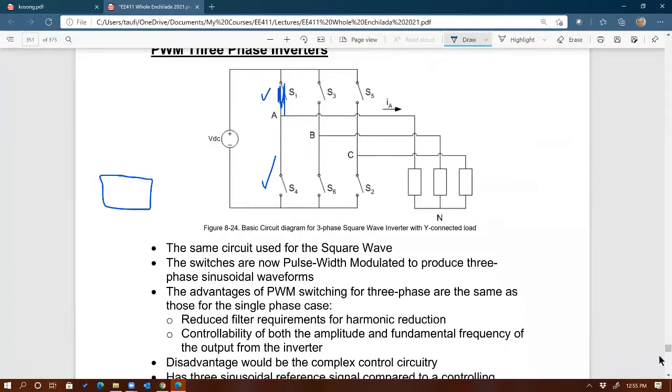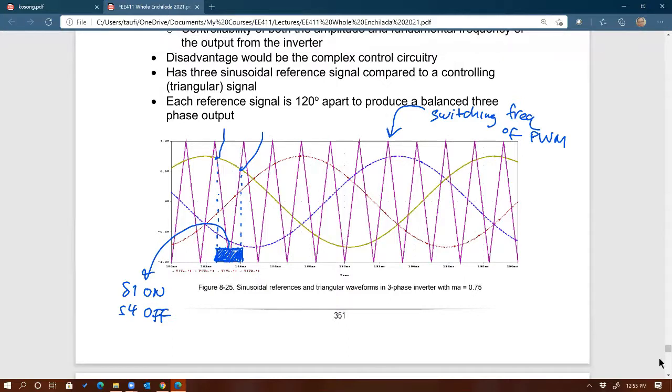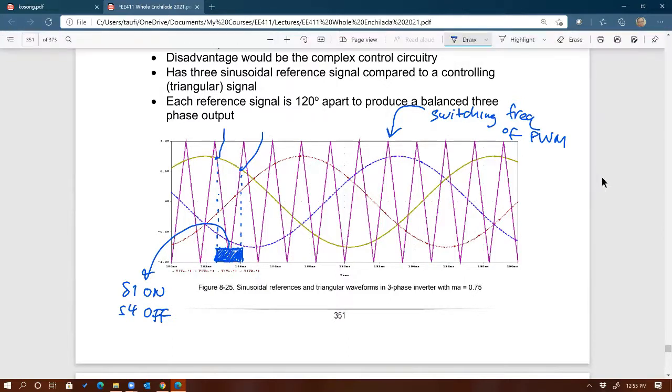S1 on, S4 off. And so on and so forth. I think you can do the rest. Any questions on this?